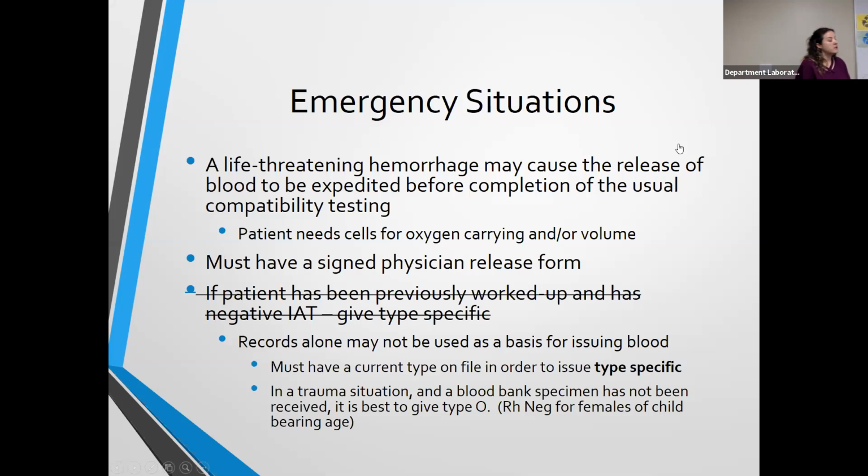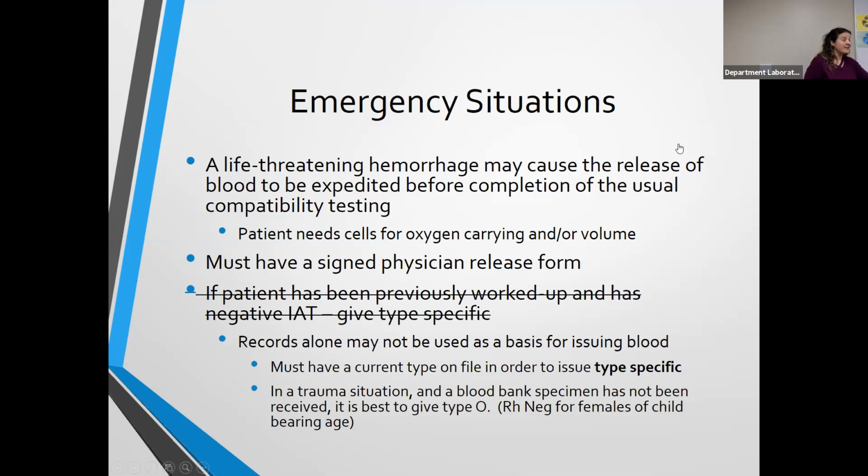Okay, so we have the situation established, and let's say maybe you do know who your patient is. Maybe they do have a name and medical record number for your trauma patient. If you already have an established history on that patient, that is not good enough, all right? You have to have a current specimen on file. So if you have your patient name and medical record number and you look them up and you're like, oh, I know they're O-pos.